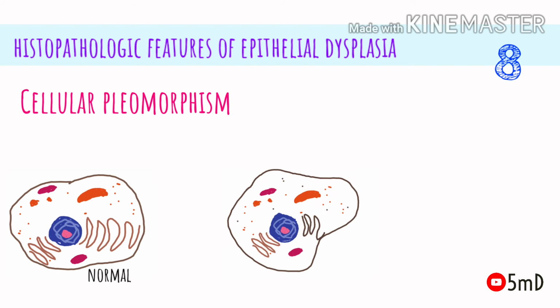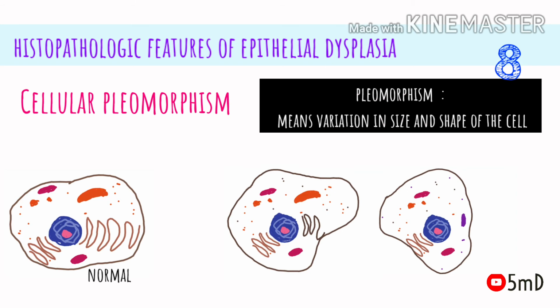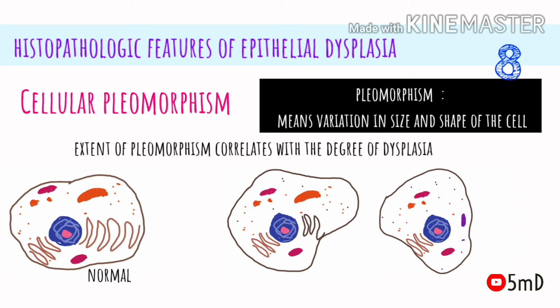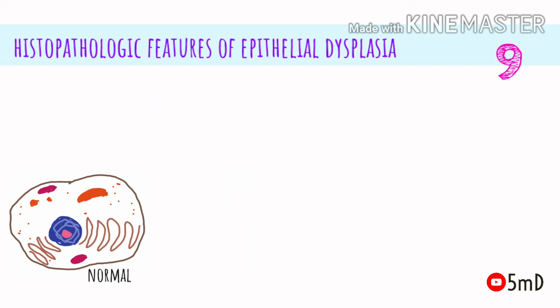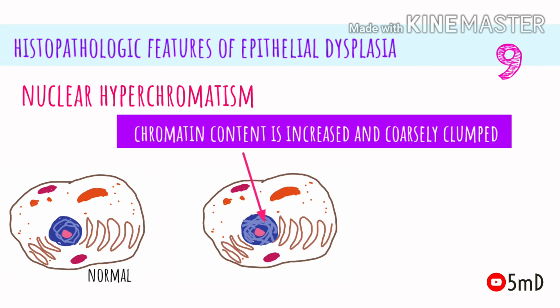Cellular pleomorphism is seen. The term pleomorphism denotes variation in size and shape of the tumor cells. The extent of pleomorphism usually correlates with the degree of dysplasia. Nuclear hyperchromatism is seen. Characteristically, the nuclear chromatin of the malignant or neoplastic or dysplastic cell is increased and coarsely clumped.